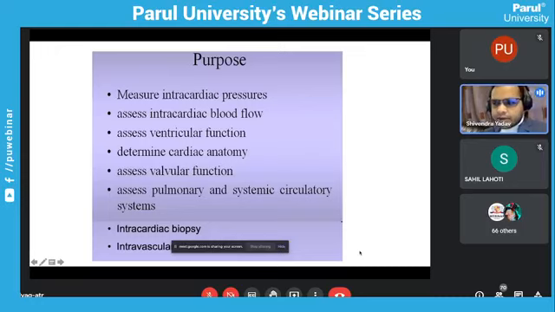Then to determine cardiac anatomy, this is important. I'll explain how this is important in determining the cardiac anatomy in later slides. To assess the valvular function, of course, we check the gradient between the cardiac chambers and see how much the pressure difference is between both chambers.